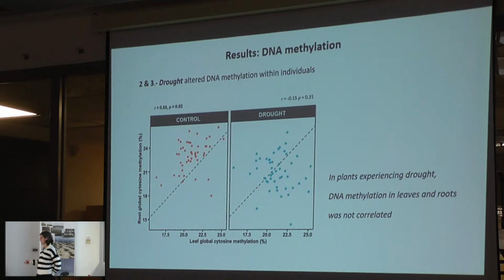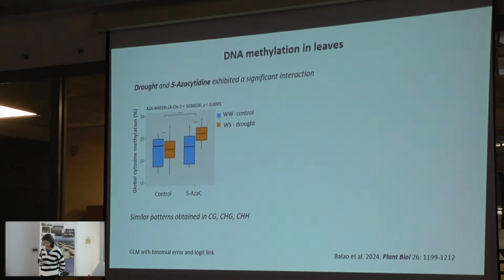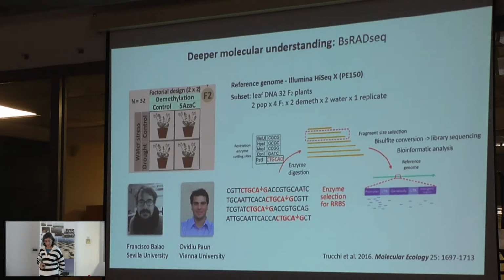This study is under review, it's in the archive, but hopefully it will soon be published somewhere. We also wanted to have a deeper molecular understanding and to search for collaboration, and Francisco Balao at the University of Sevilla and Ovidio Pam were our collaborators for this.